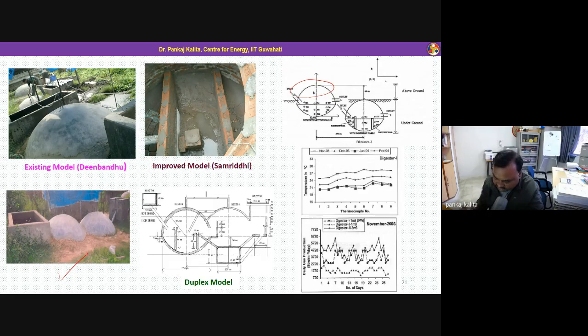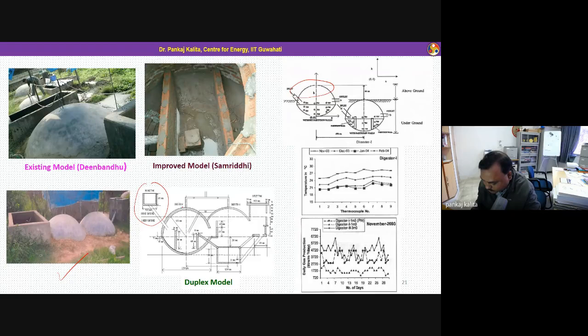So what we can see here is a duplex model, and schematics are shown here. Okay, so this is our inlet tank, and this is the pipe through which slurry is introduced in the register 1. Okay, and then these walls are fixed here, and then it goes to the next chamber for complete digestion.